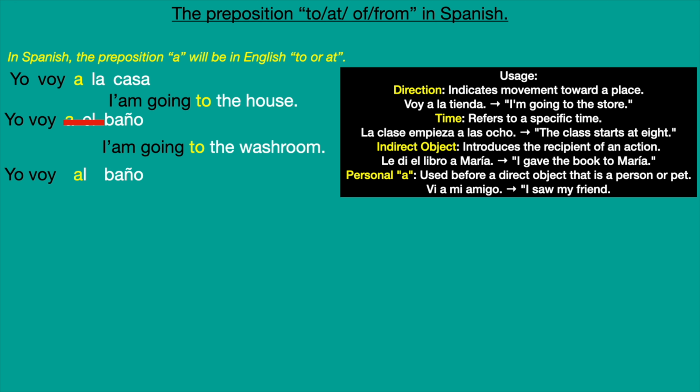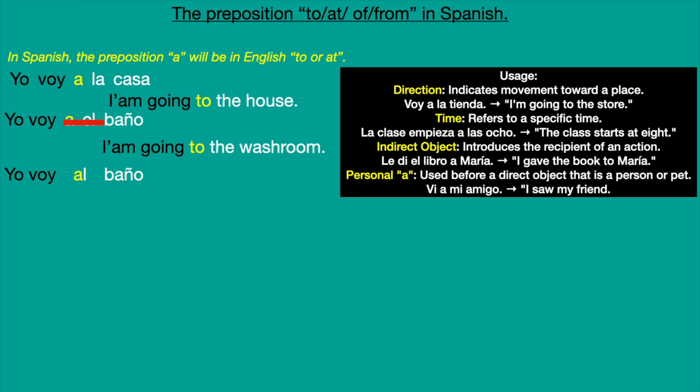And remember, the most important thing is the contraction. That is what I wanted to show. It only happens when we have the masculine article: instead of saying "a el," we say "al." It doesn't happen in the plural or in the feminine. For example, "a la casa," you don't do the contraction.